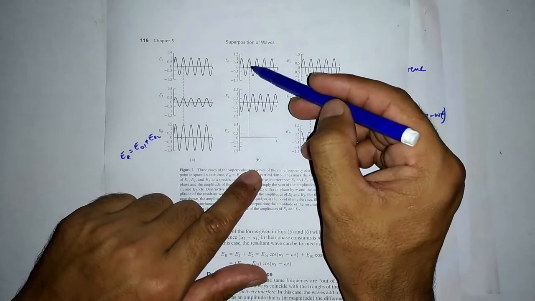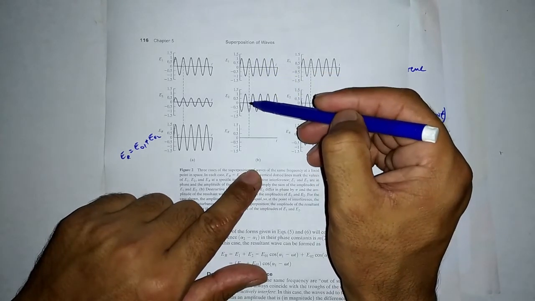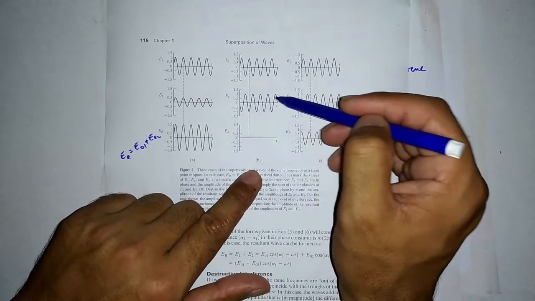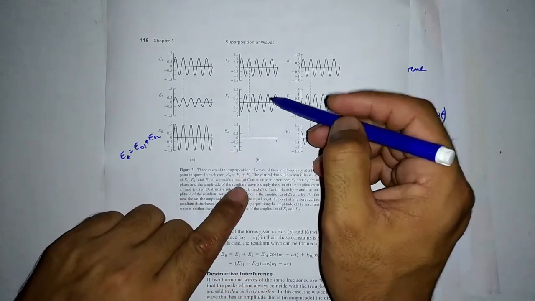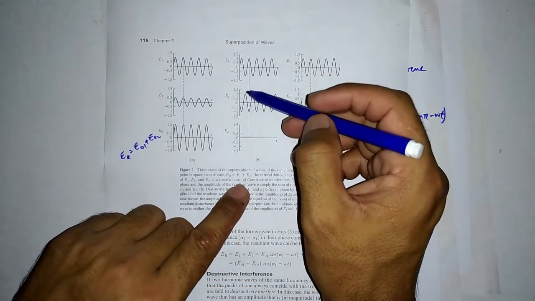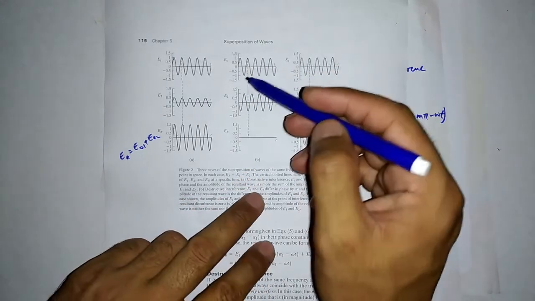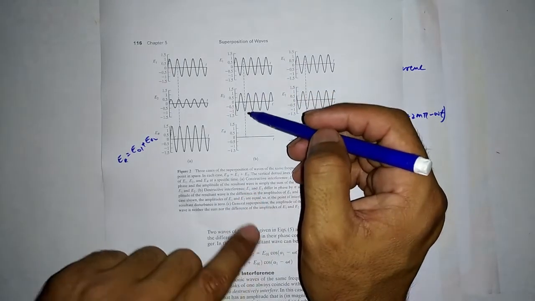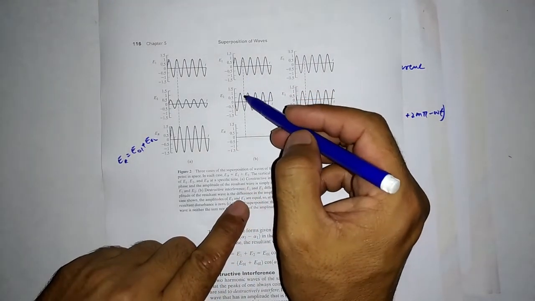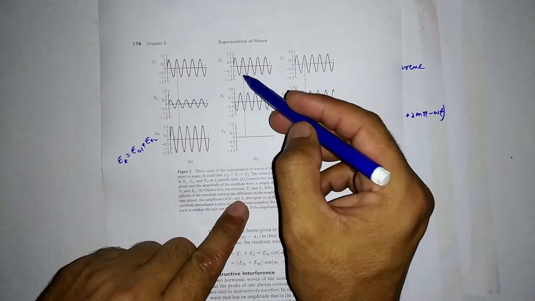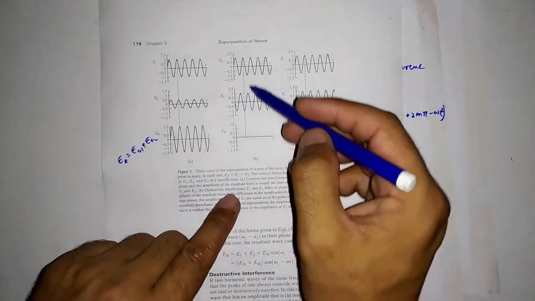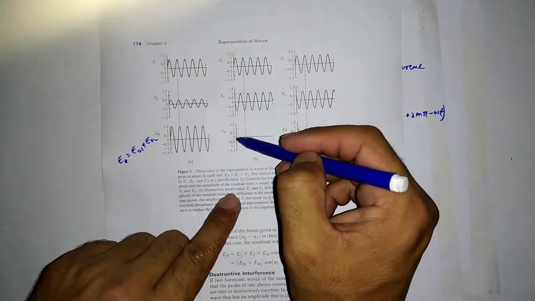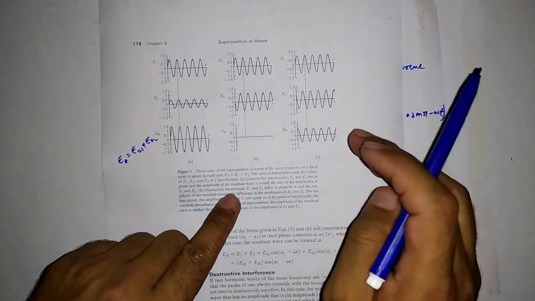So here we have two waves which have the same frequency, same amplitude, and they are arriving at the same point in space at a given time, but they are out of step by pi radians. The phase difference between them is pi. Clear? So they cancel their effect and the resultant wave vanishes. Clear?